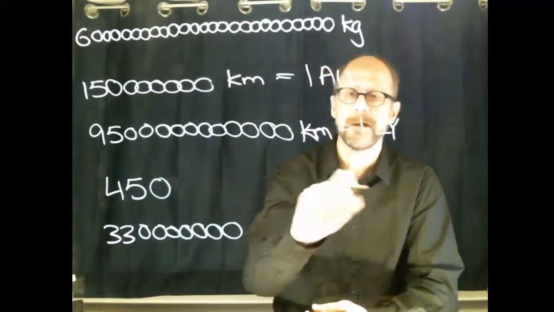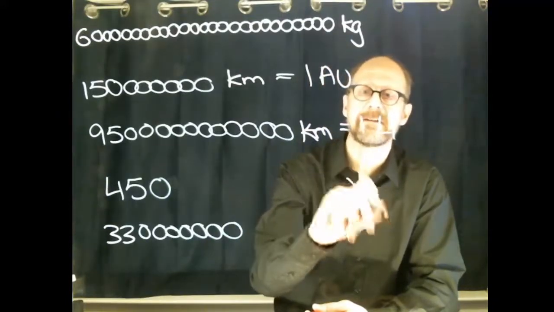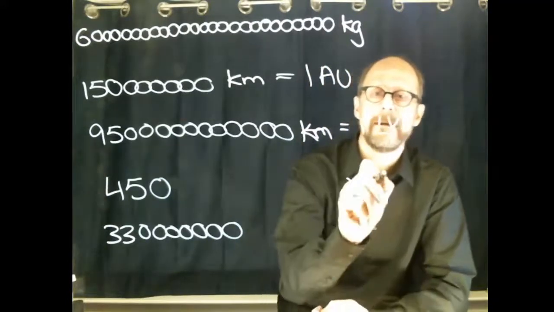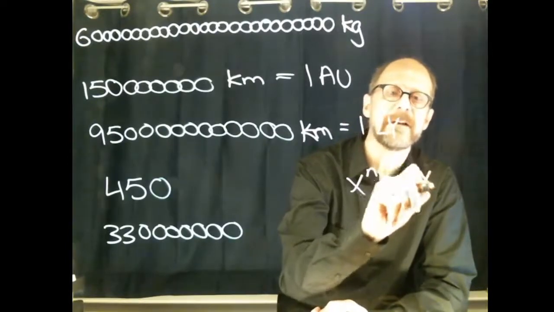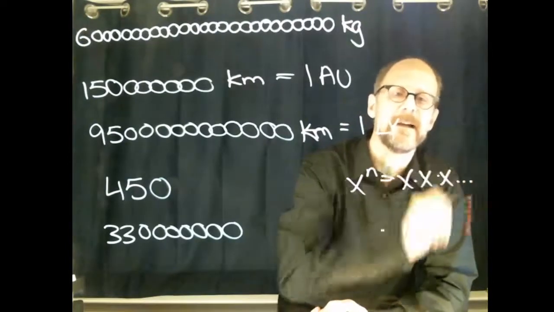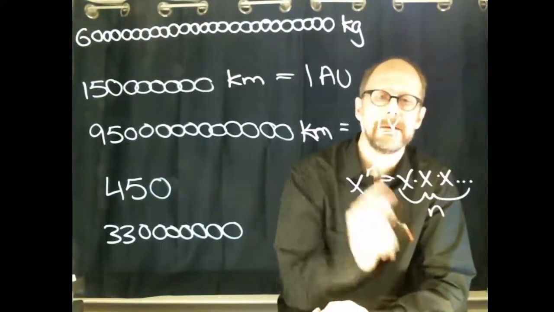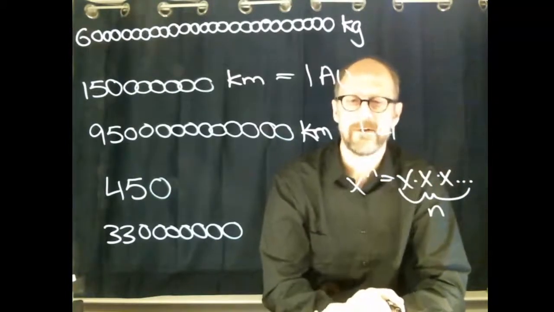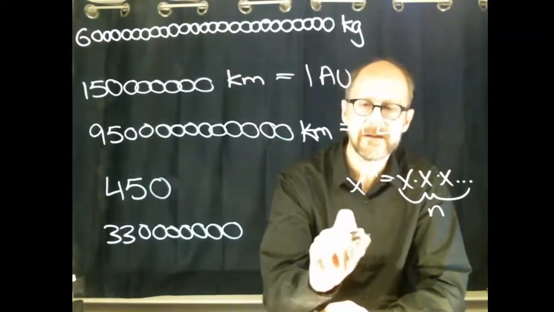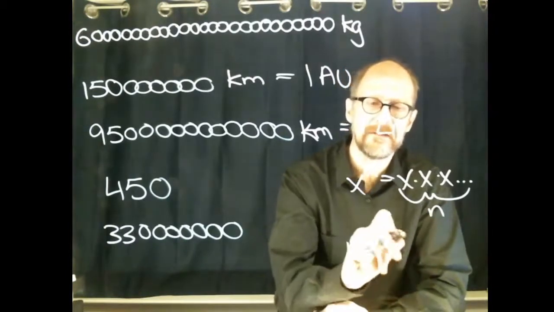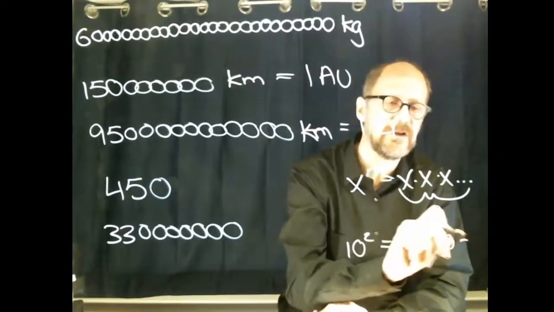If I have x to the power of n, that is equal to x times x times x, dot dot dot, and you've got n x's multiplied together. So for instance, 10 squared is 10 times 10, which is 100.